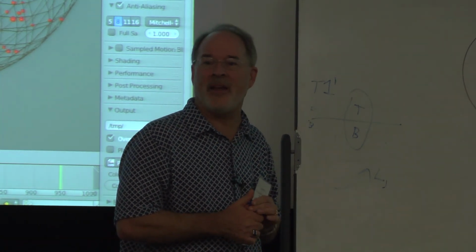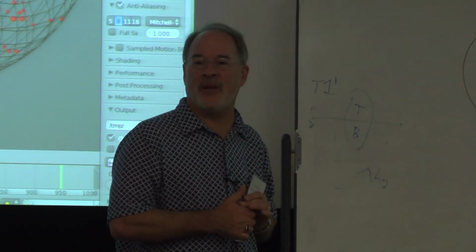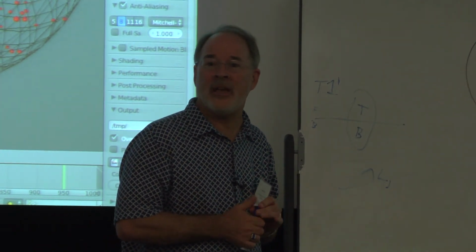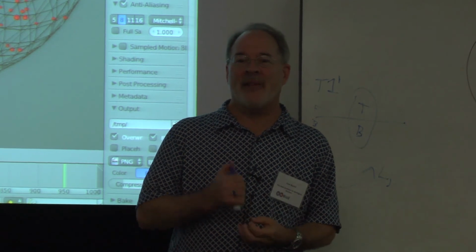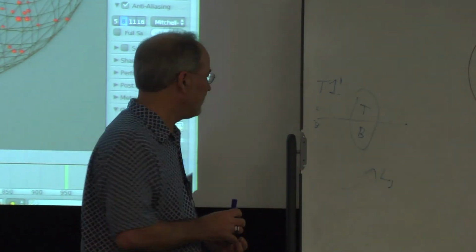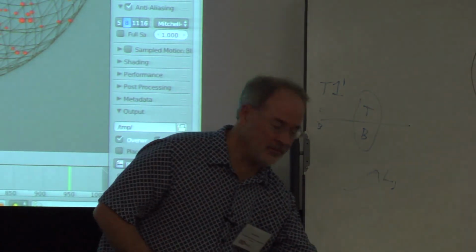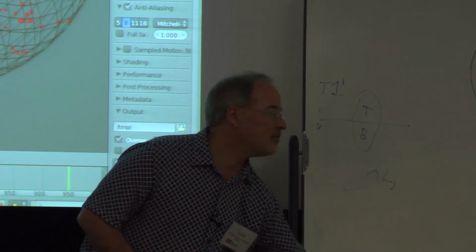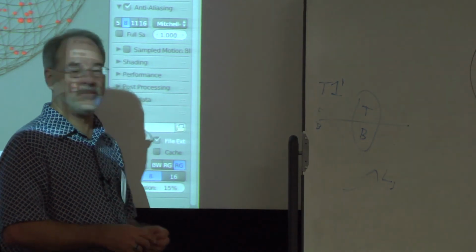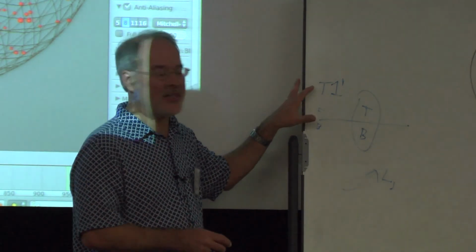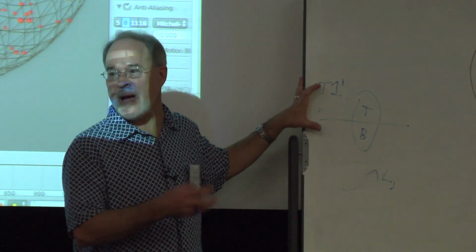Yeah, T1 is going to be a surface molecule. We haven't done it yet. It's not the top of T1 that interacts. It's the orientation of T1 at the time of the interaction.